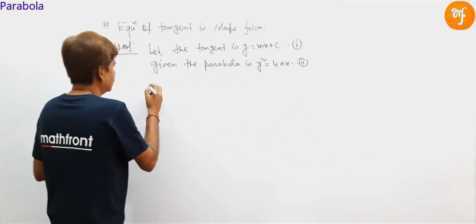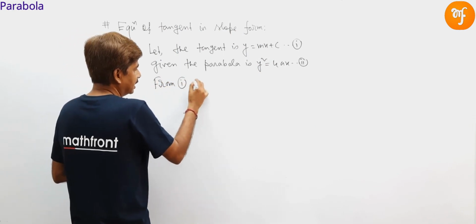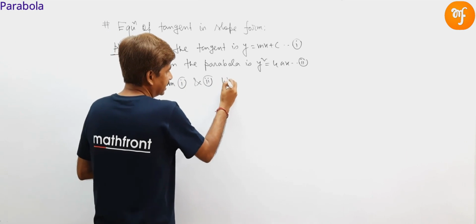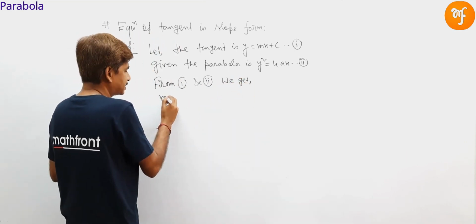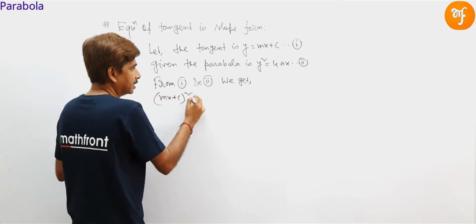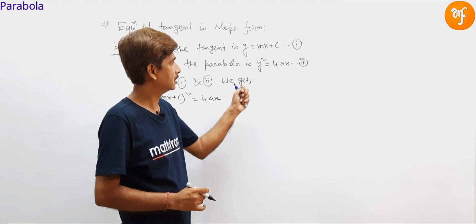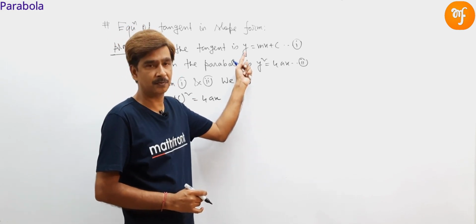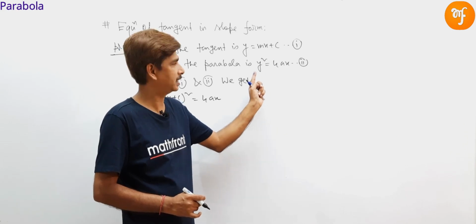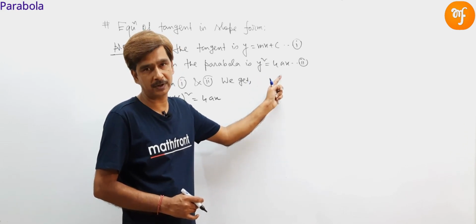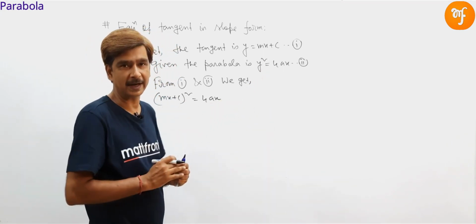So, from equation 1 and 2, we get (mx plus c) whole square is equal to 4ax. That is, we just substitute the value of y as mx plus c in the second equation. Now, this is nothing but a quadratic equation in x.